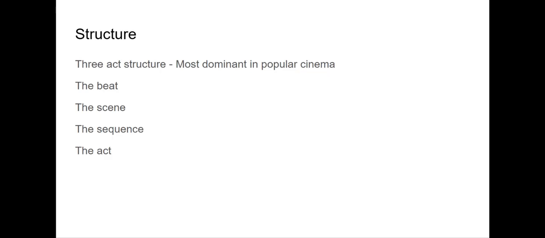So you have the act, which can be broken down into sequences. You have the sequences that are broken down into scenes, and then you have the scenes that are broken down into beats. And that is the 3-act structure. If you have 4 acts, then the 4 acts will have beats, scenes, and sequences as well. Okay? And it will also turn from positive to negative or negative to positive.